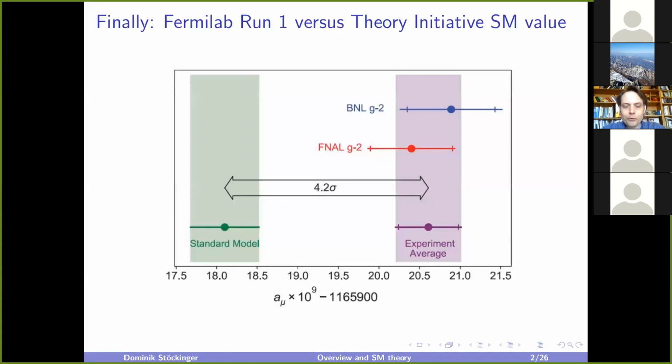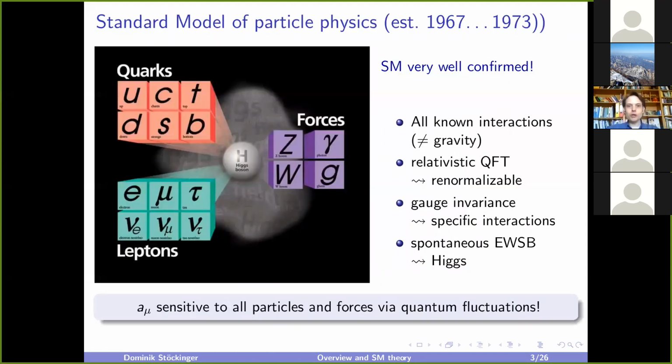It's all within 1 sigma after so many changes to the experiment and so many checks. The result is really in very good agreement, and the world average now has a 4.2 sigma discrepancy from the standard model theory prediction, and could be due to new physics, of course, which is what we want to discuss today. Let's begin with the standard model of particle physics.